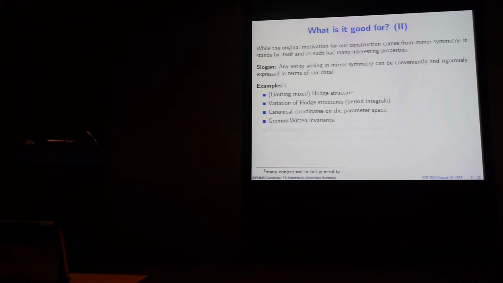Or in situations of mirror symmetry, we hope to get, and in some cases we do, Gromov-Witten invariants. Models for the Fukaya category: there's a tropical Morse category that captures, or is supposed to capture, the Fukaya category. The mirror dual side would give a model for the bounded derivative category of coherent sheaves. We hope to get Donaldson-Thomas invariants one day, and so on.